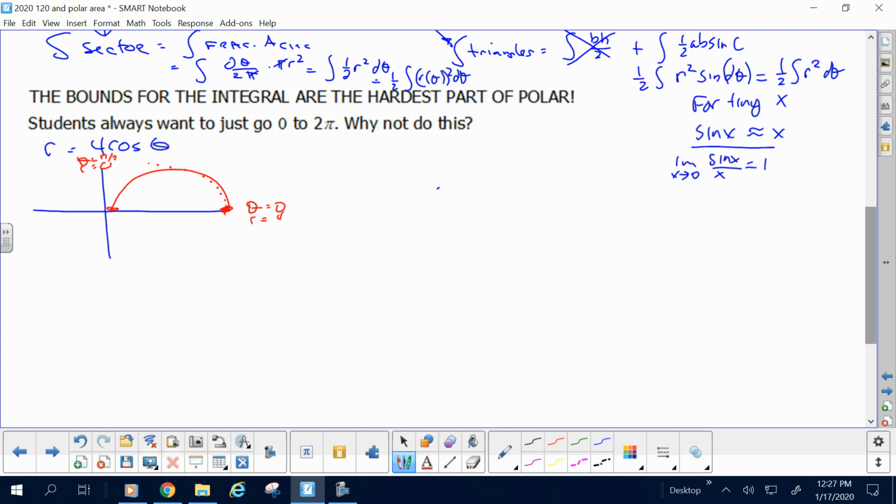In this quadrant, cosine's negative, yes? And if cosine's negative, then r is negative. And if r is negative, then I'm not going forward towards these angles, I'm going backwards. So I'd be getting points until theta is 0 and r is negative 4. That's when I finish going backwards.